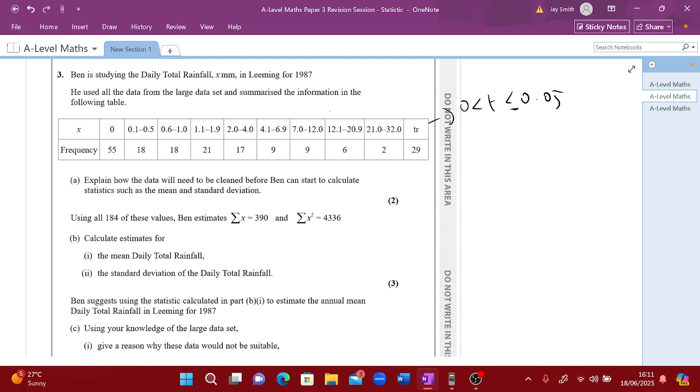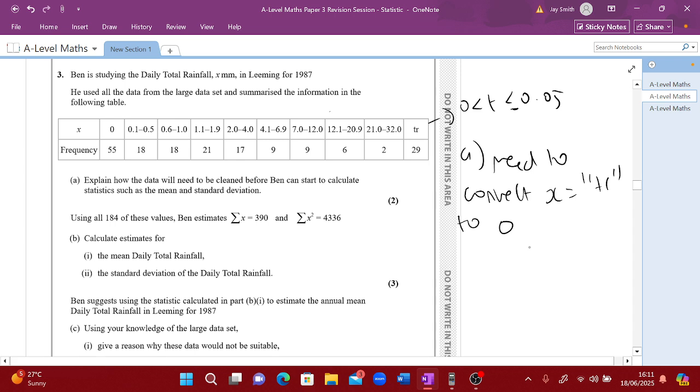So I guess we would say we need to convert x equals trace to 0 less than x less than or equal to 0.05.